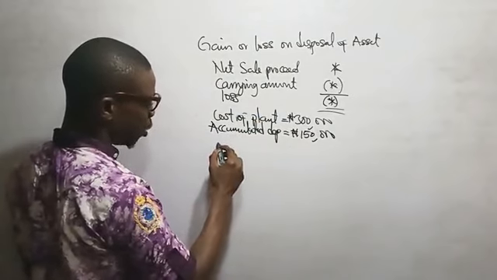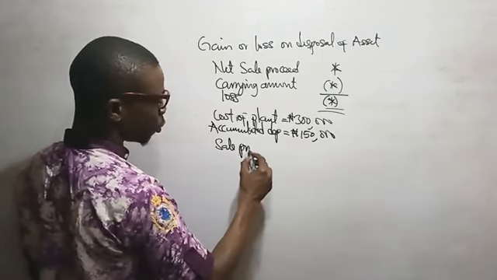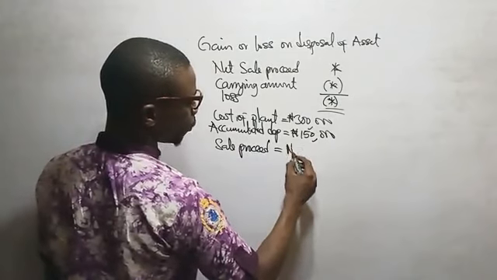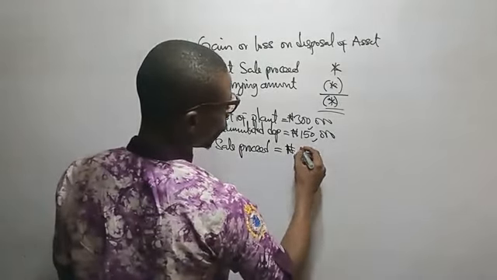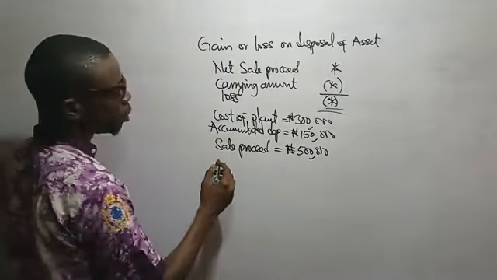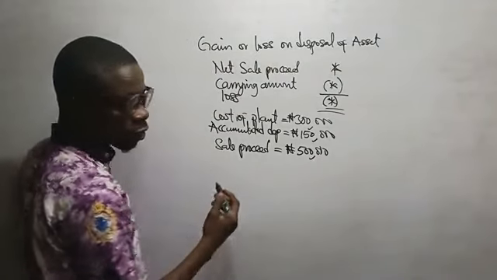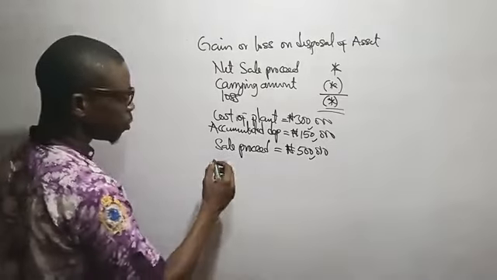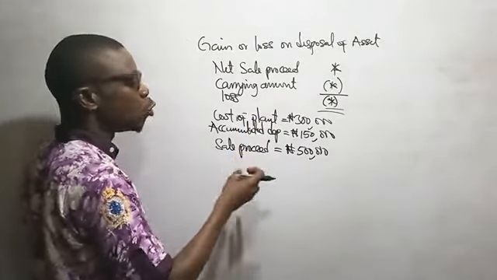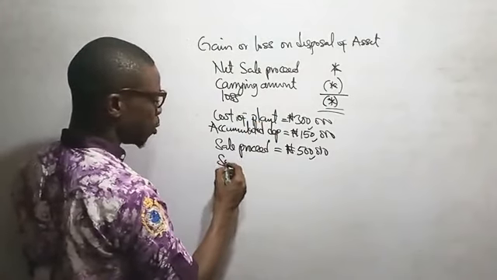The sales proceed of the plant is 500,000. Now the selling expenses, that means the amount they have to spend for them to sell it, that's what we call selling expenses.